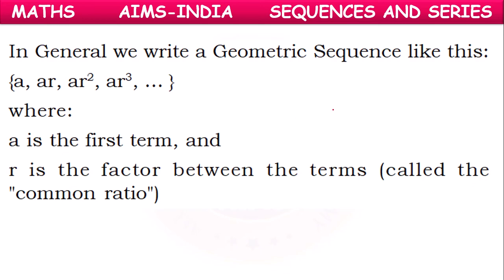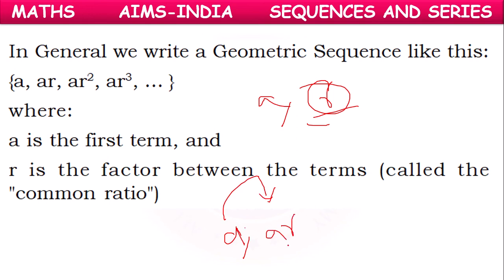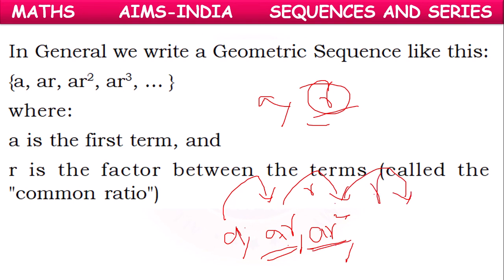If the common term we are multiplying is R, and suppose the first term is A, then the second term can be obtained by multiplying the first term with R. The third term can be obtained by multiplying the second term with R, AR into R, AR square. The next term can be obtained by multiplying the previous term with R, AR square into R, AR cube.